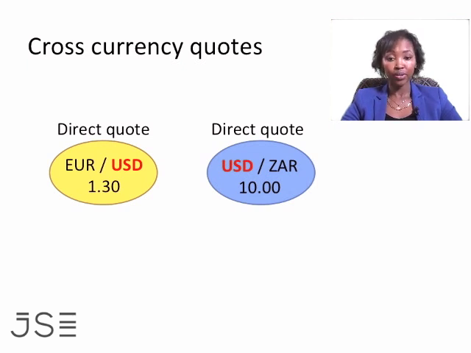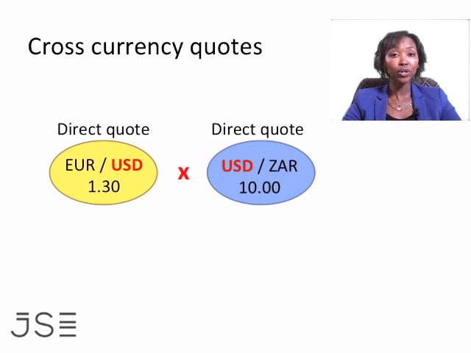quoted currency. So when you have that situation where the dollar is the common currency in both of the currency pairs, so you've got euro-dollar and dollar-rand, the dollar is common in both, but then in one instance it's the quoted currency and in the other instance it's the base currency. To get the cross rate, you'd simply multiply the 2.